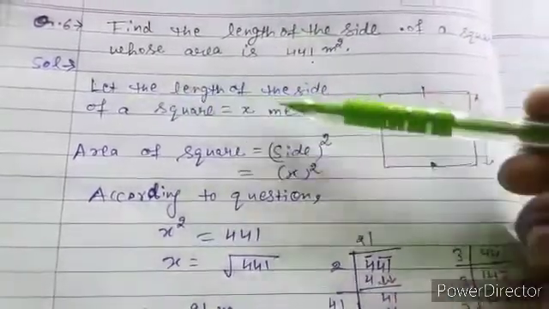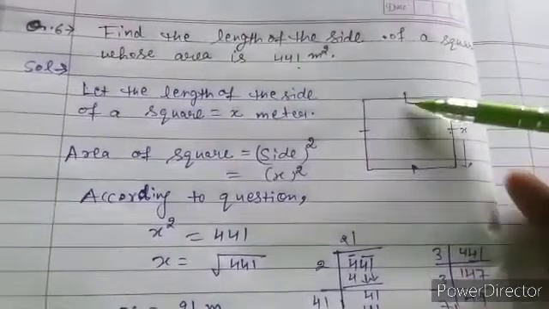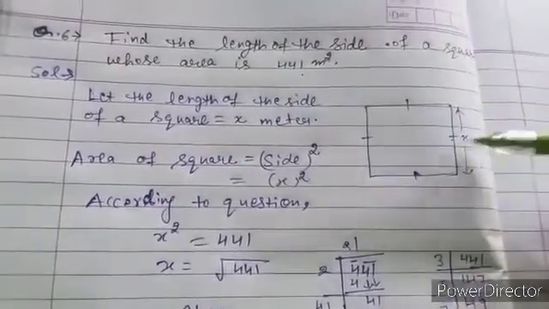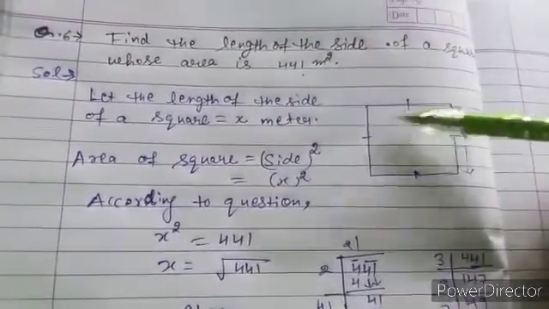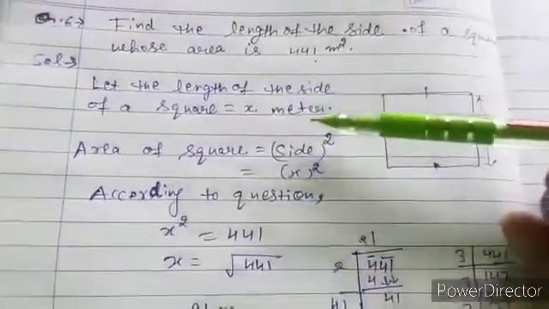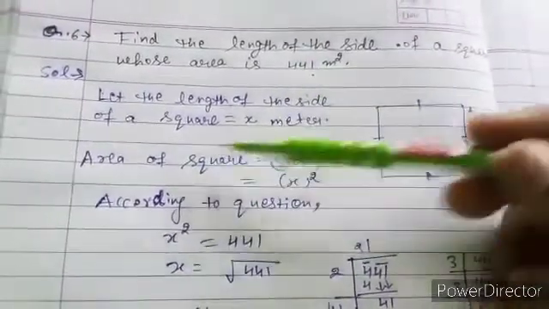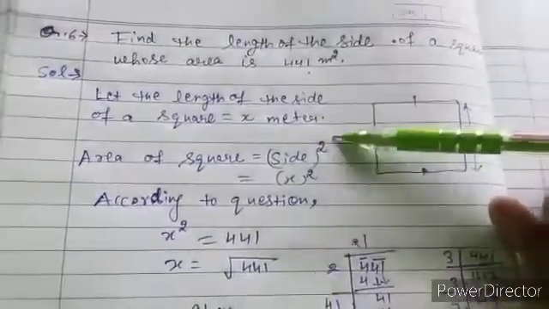So let the length of the side of the square be x meters, as I have shown here. This sign that is applied shows that all sides are equal. Now we considered the length x meters, the area is given, and we know the area of a square is side square.